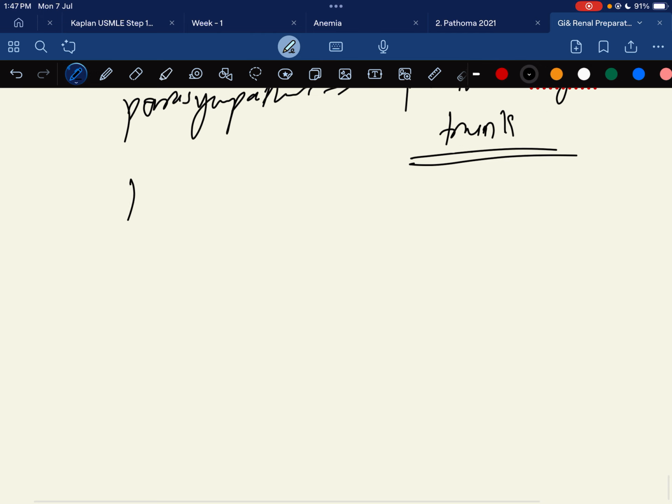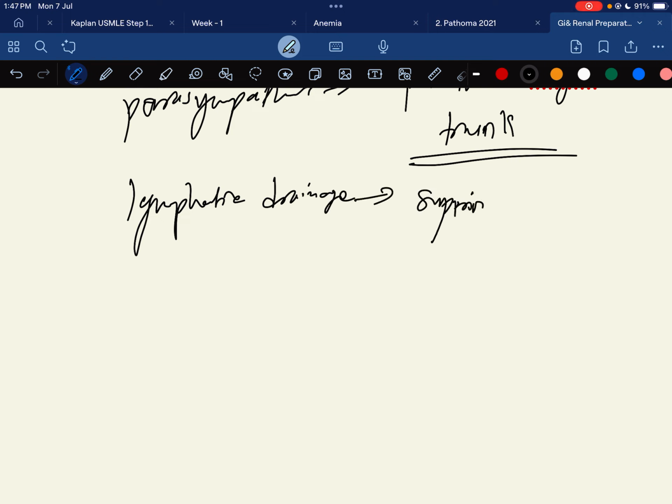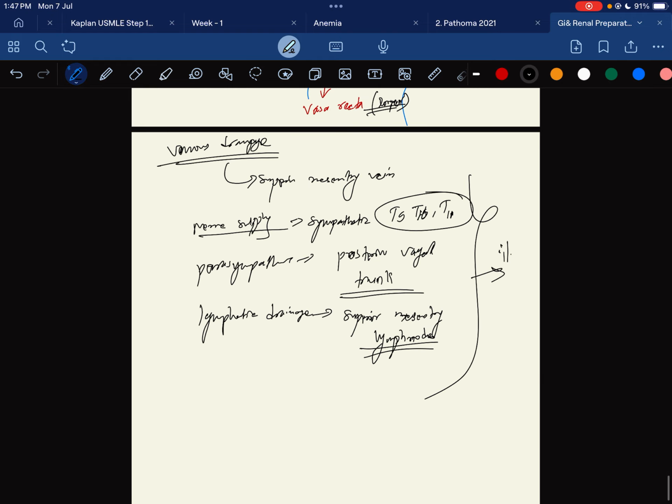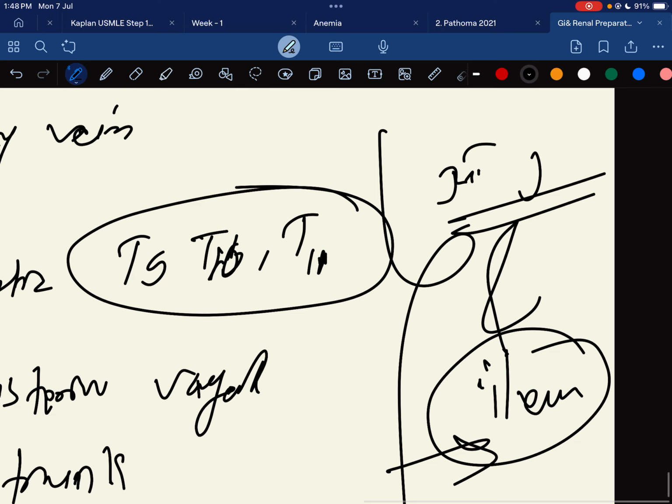Regarding the lymphatic drainage, it goes to the superior mesenteric lymph nodes, and these are all the same for the ileum and jejunum.